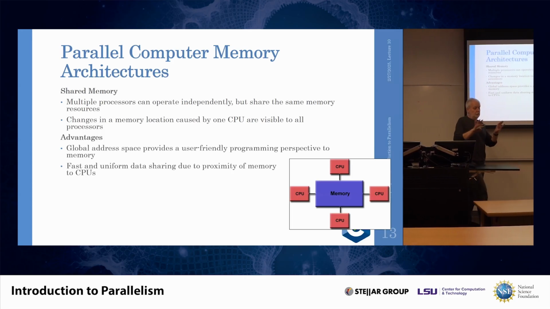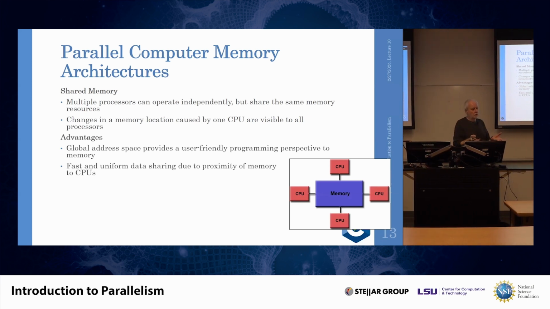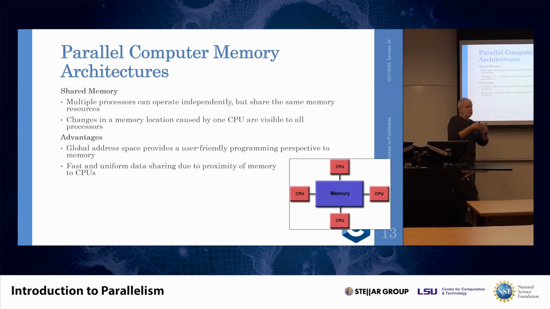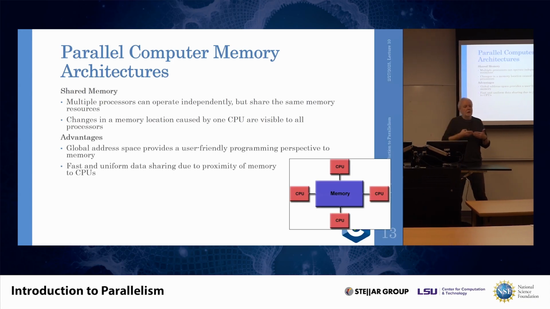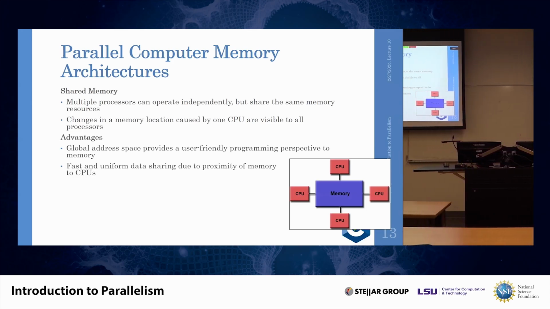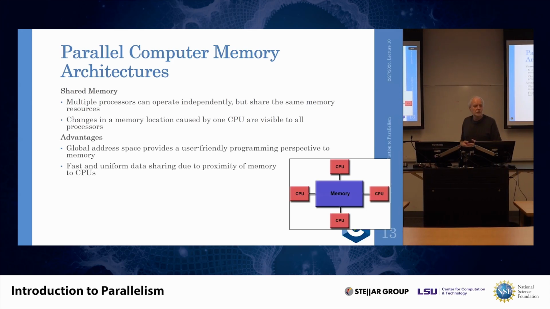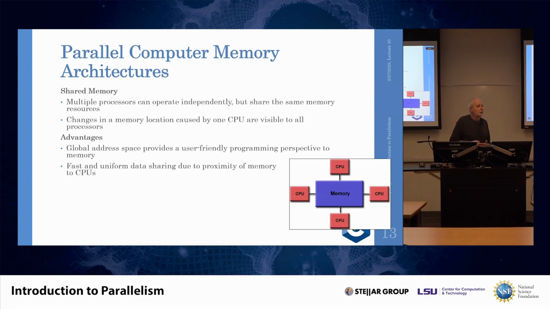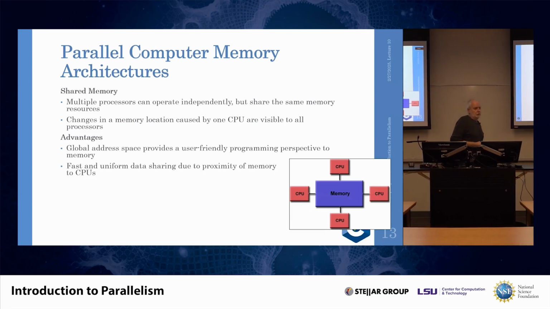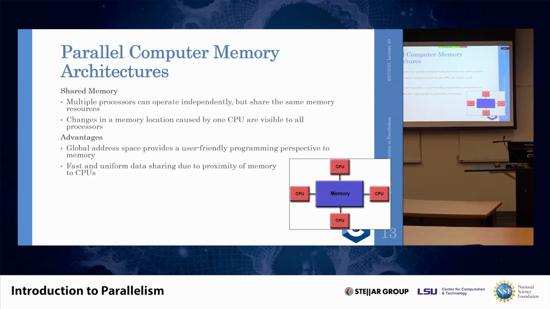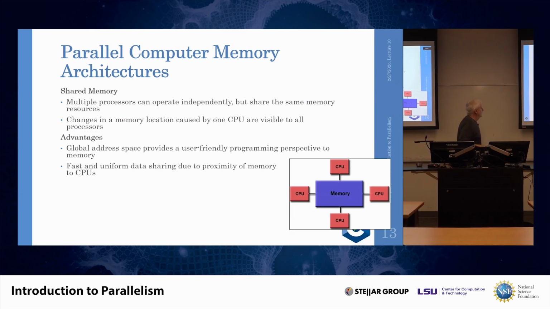So even if you have 2 sockets and you have 2 separate memory units or 8 separate memory units, they still share a common address space. But the further away memory is from a particular core, the more time it takes to access data there. So you have something that's called NUMA, non-uniform memory access, and that is kind of the common architecture we see today. So this is kind of a perfect world picture, if you want.